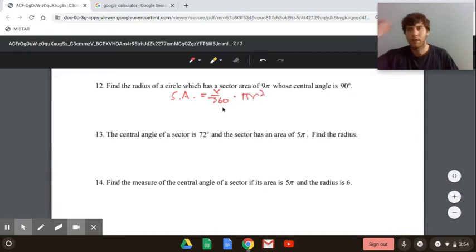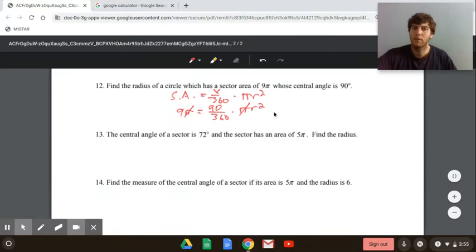Okay, so the sector area they give you is 9 pi, and they give you a central angle of 90. So 90 divided by 360 is going to be 1/4 times pi r squared. Right, and you just got to get r by itself. Let's actually try this one. If you divide by pi on both sides, those pi's cancel out.